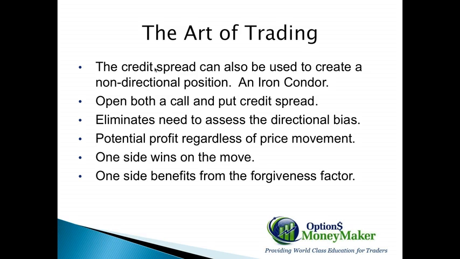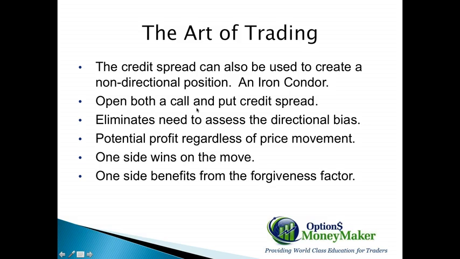Now, I didn't create these strategies. What I've done over the years is I've learned how to interpret these strategies and use them most effectively. There are so many different ways you can trade credit spreads and trade Iron Condors, but there are a few ways that you can be consistently successful with it, and that's what we teach.